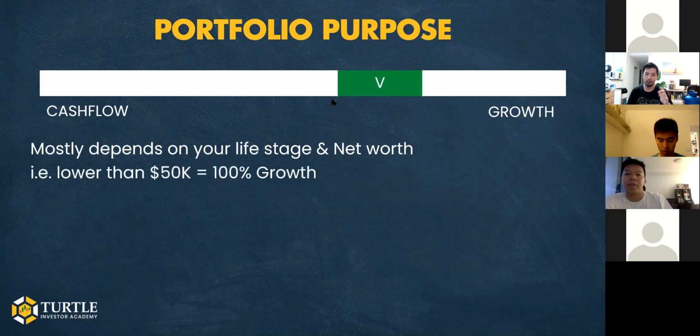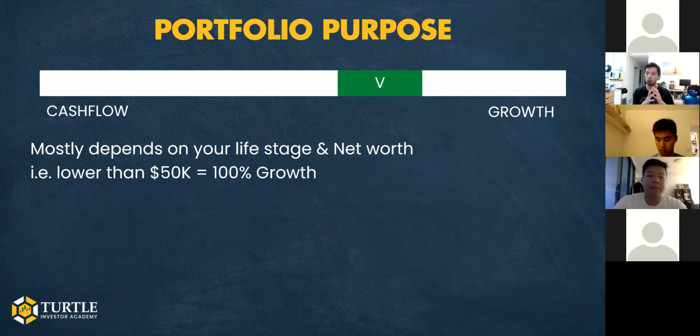Just giving an example, if you have lower than 50K, you could put the majority of your portfolio into 100% growth, right? If you think about it, will you be able to retire just from the cash flow of 50K?